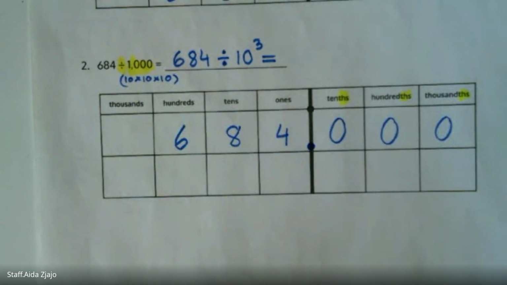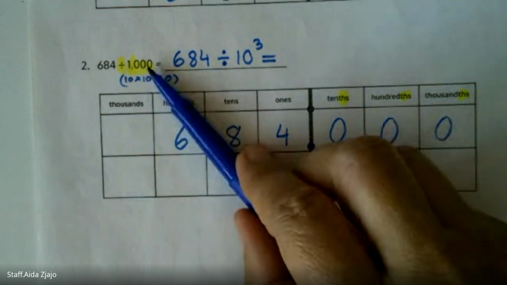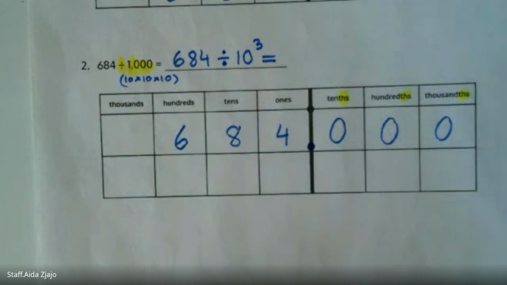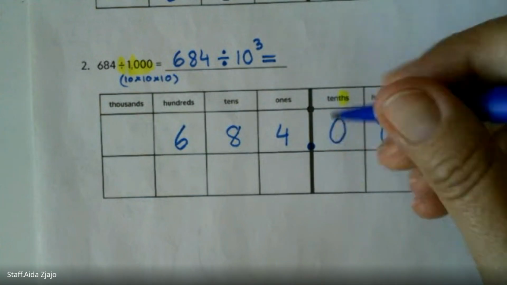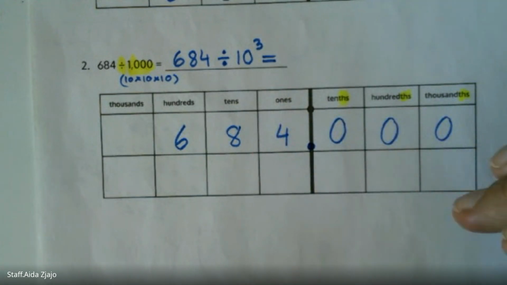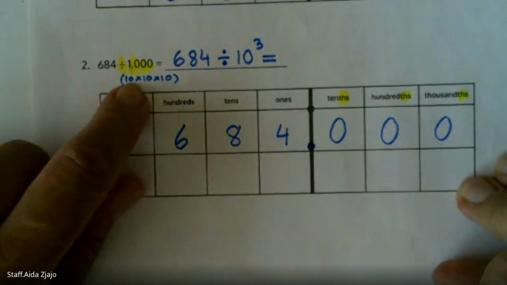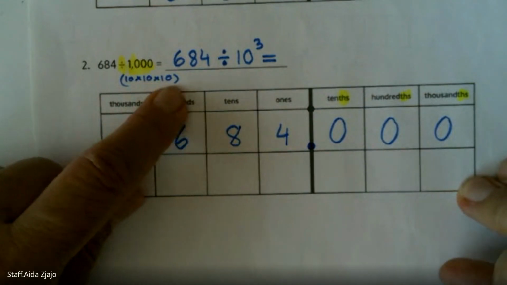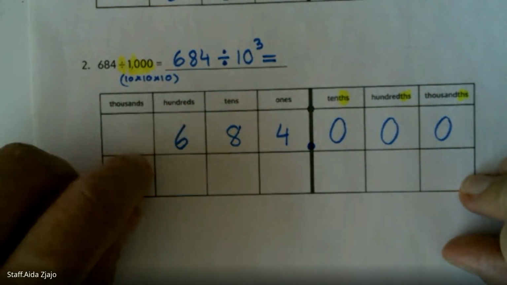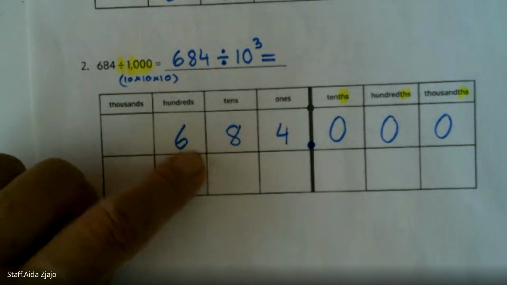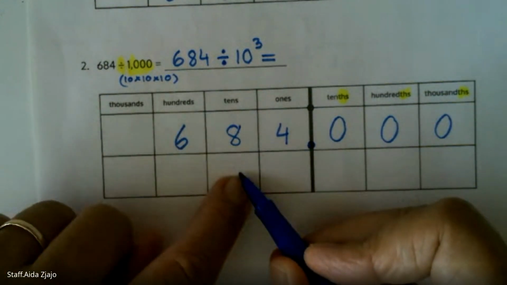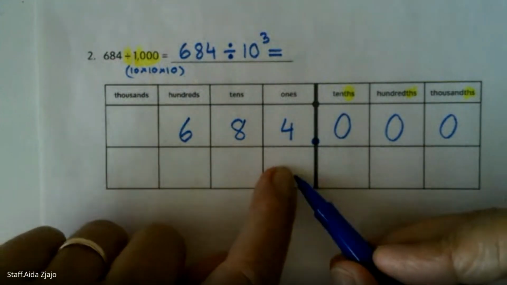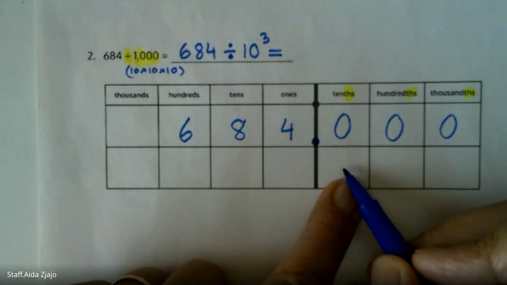Now, the number is going to get smaller 1,000 times, so the number's going to move 3 place values because it's going to be 10 times smaller, again 10 times smaller, and again 10 times smaller. So when you look at this, you can think it moves here, that's once, here that's twice, and here that's 3 times.